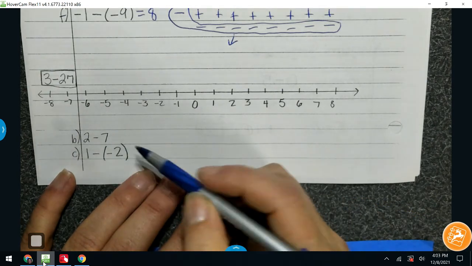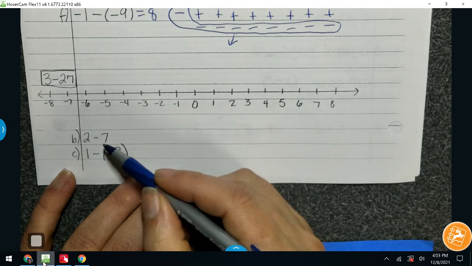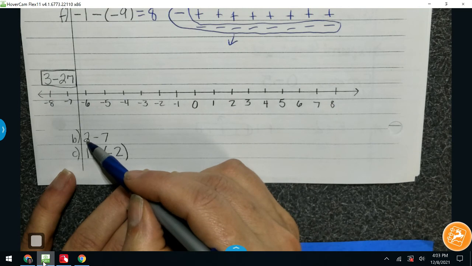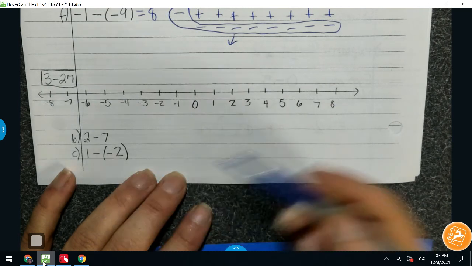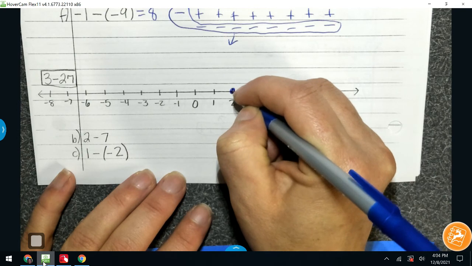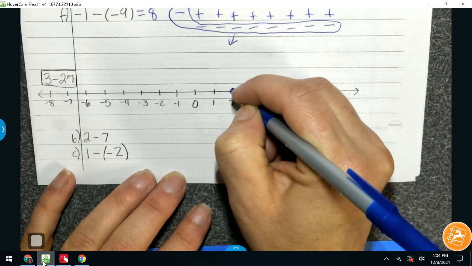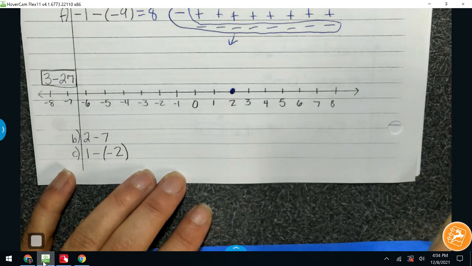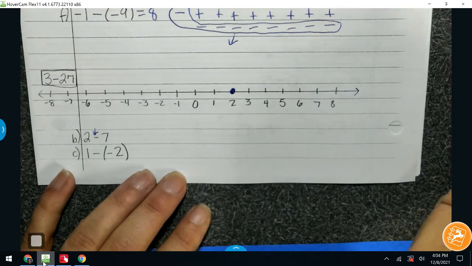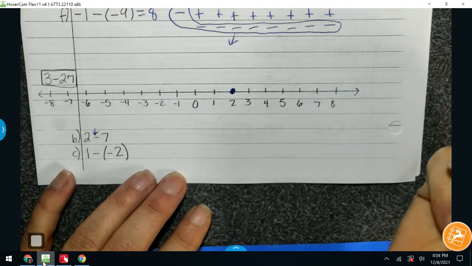So just like any other expression that I'm trying to do on a number line, I always start with the one that's on the left, my first term right here. I'm going to plot my point on 2. And then this tells me to go a certain direction on my number line.